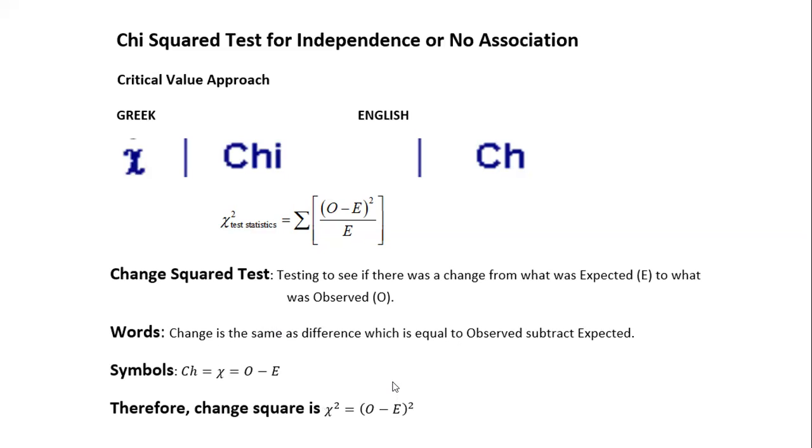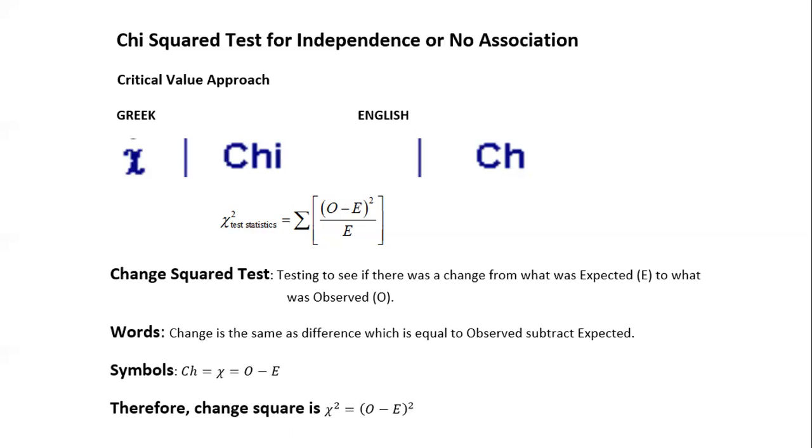So it could be that's where the symbol originated and gave it the name chi-square test.